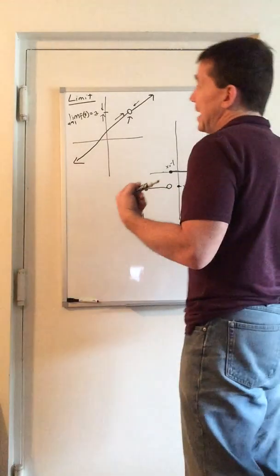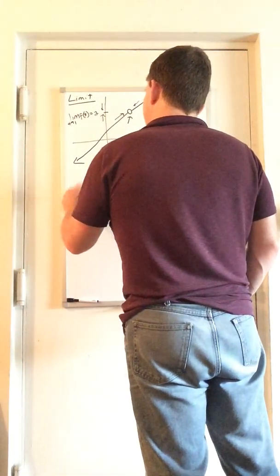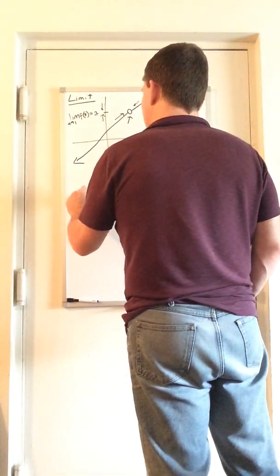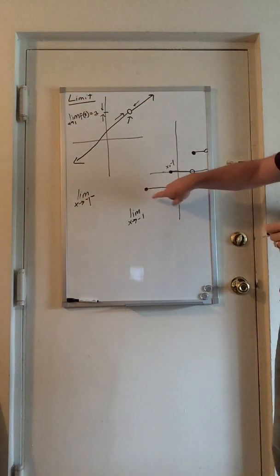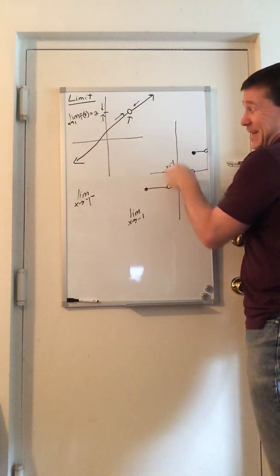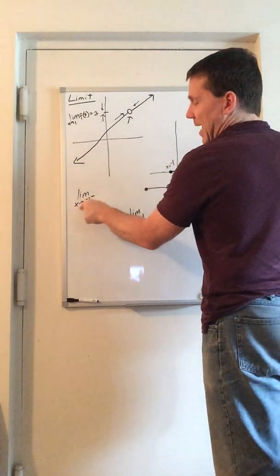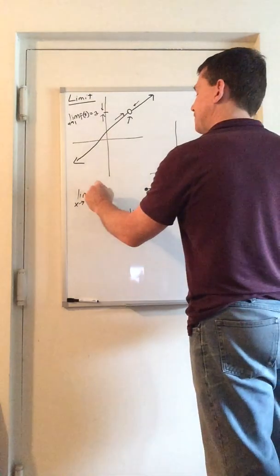Now we take my idea of a limit, and we expand it. We say the limit as x approaches -1 from the left. The way we write this, x is from the left over there, the negative side. So we say x approaches -1, and then we put a little negative sign right there.